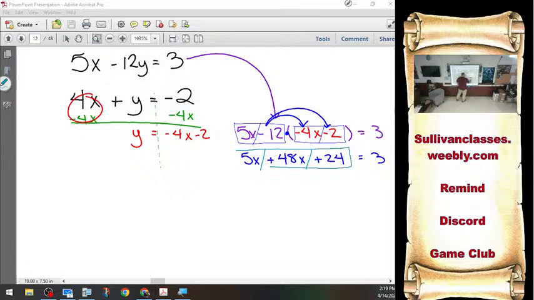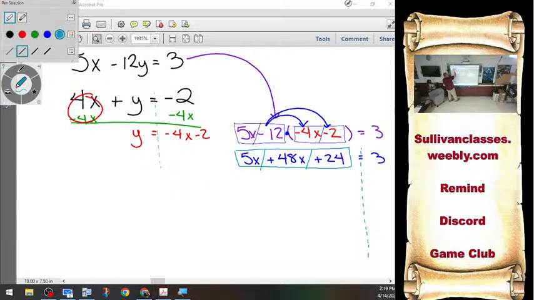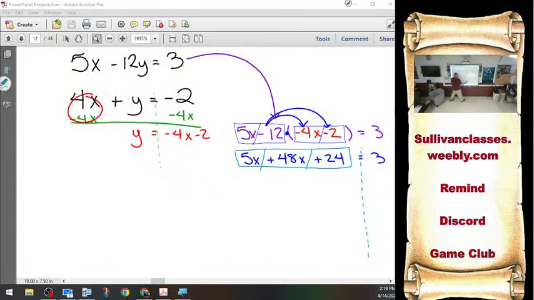Every time that I see a bunch of terms on one side, I want to see if I should distribute something. Can I combine anything? In this case, yeah, I can. 5x's and 48x's is 53x's. Plus 24 is 3. You play the Who's Lonely game? 3's over there all by himself.